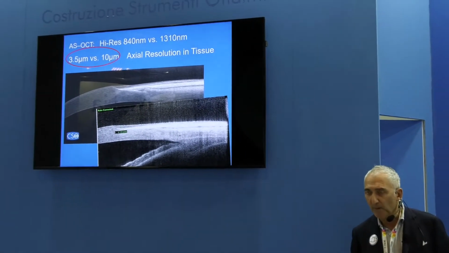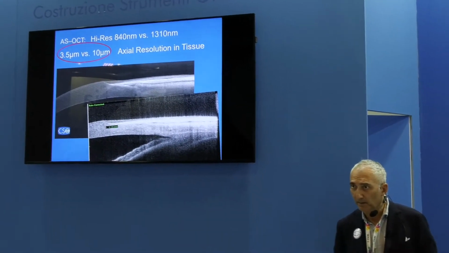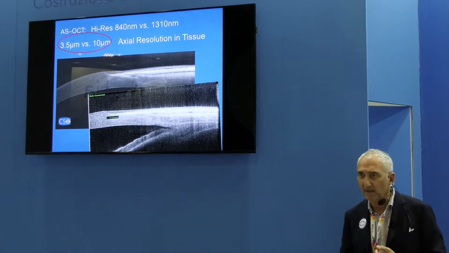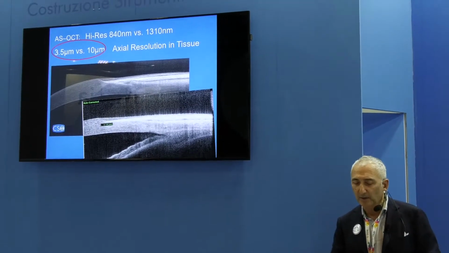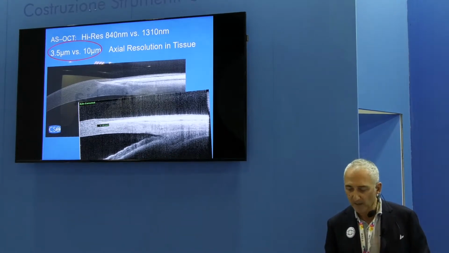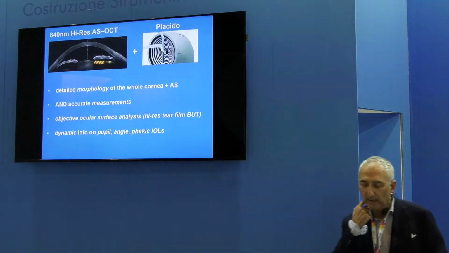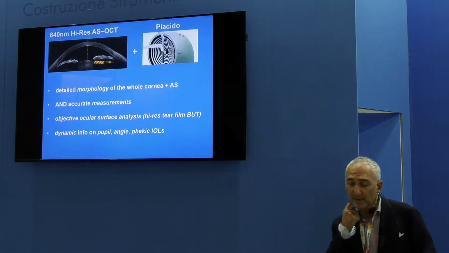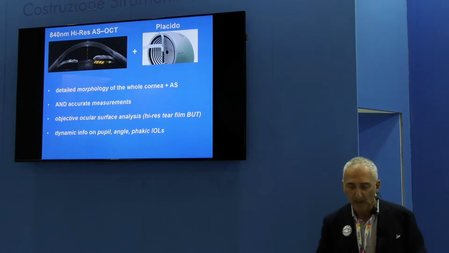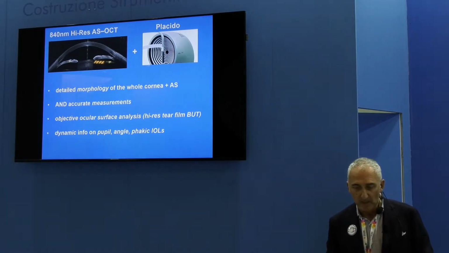This is a beautiful image with the 1300 nanometer OCT, but you see how much nicer, how much better the detail we can have with the 840 nanometer, like the one that CSO selected for building this beautiful machine that I've been working with.